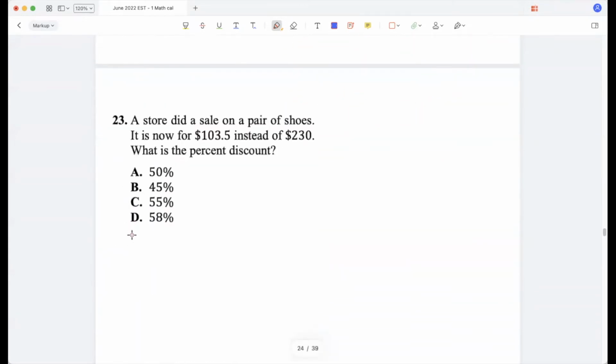A store did a sale on a pair of shoes. It is now for this instead of this. What is the percentage discount? Okay, so percentage discount is going to be 230 minus 103.5 by 230 into 100.